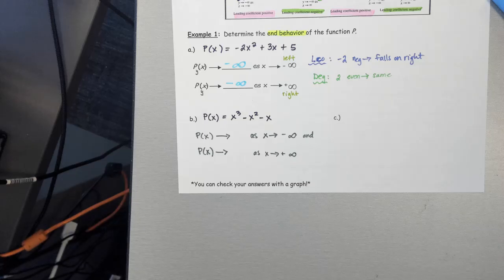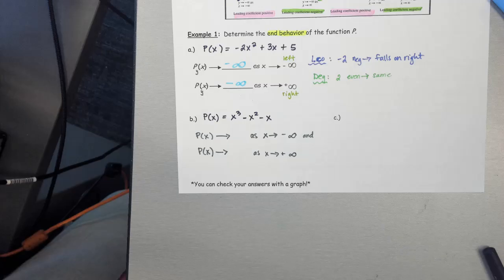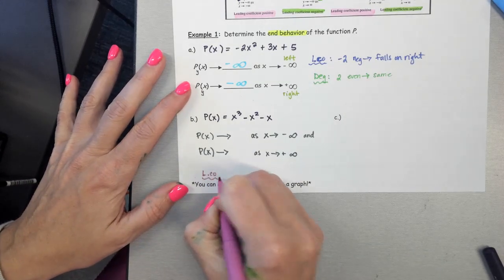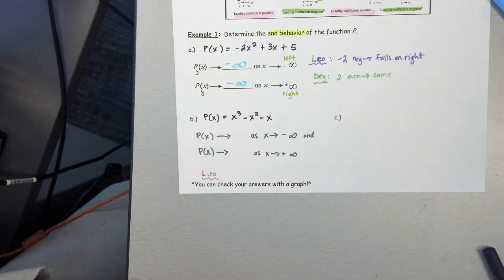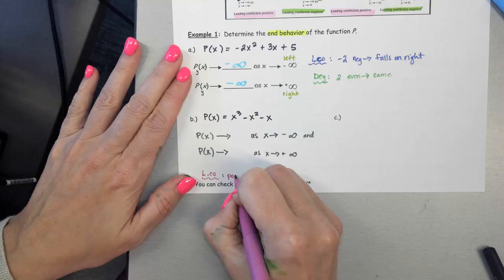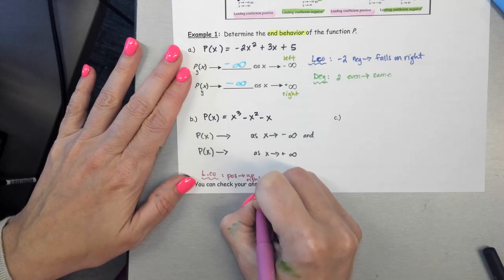Then in order to determine what to fill in, again, we are just going to find the leading coefficient and the degree. What is the leading coefficient here? It's a 1, so it's going to be positive. So it has to go up on the right.